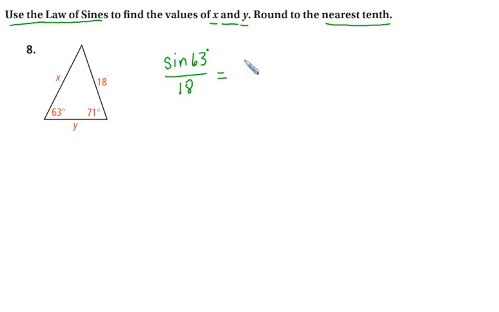So that would be sine of 71 over x. I didn't have the A's, B's, and C's this time, but it doesn't matter. What matters is that this 63-degree angle is opposite the side length 18, and this 71-degree angle is opposite from x. So again, we have a proportion, so we can cross multiply and solve for x.